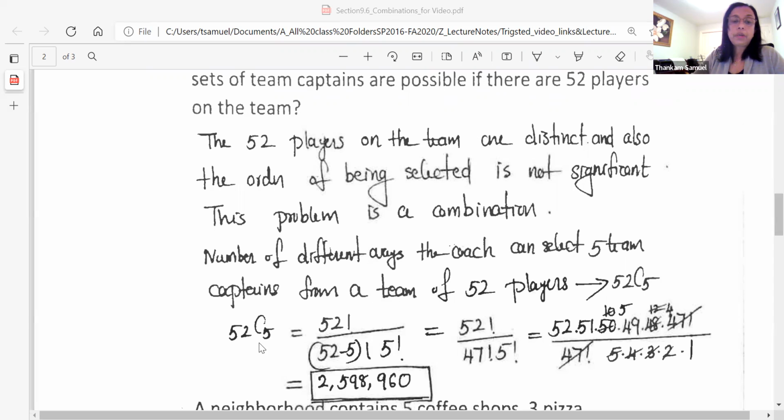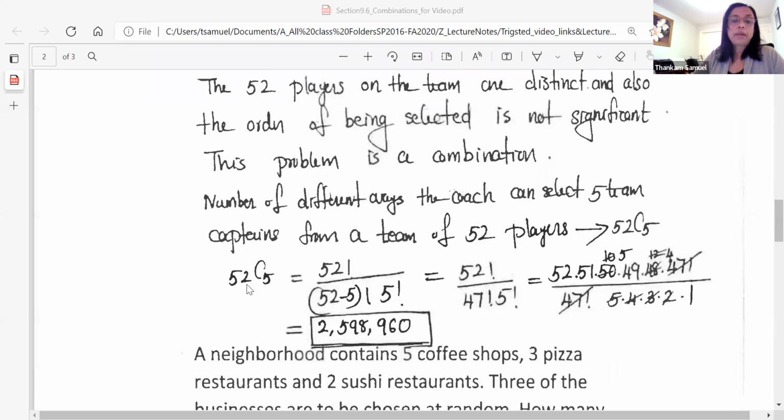52C5. So here n is 52 and r is 5. So you can use the combination formula n factorial over n minus r factorial times r factorial. So we can rewrite 52C5 as 52 factorial over 52 minus 5 factorial times 5 factorial. So 52 factorial over 47 factorial times 5 factorial.